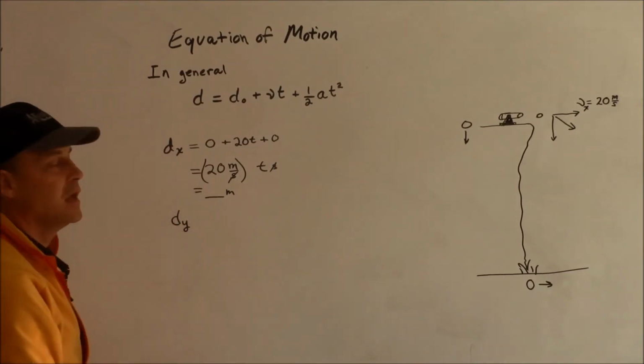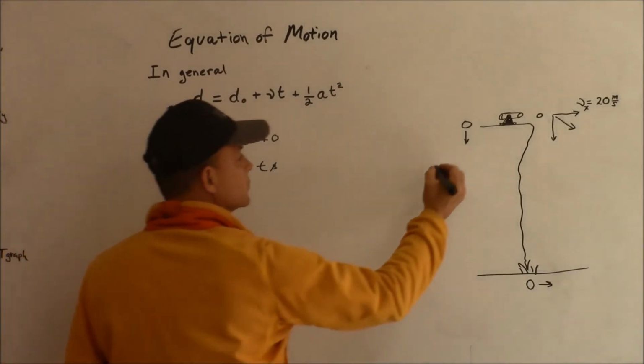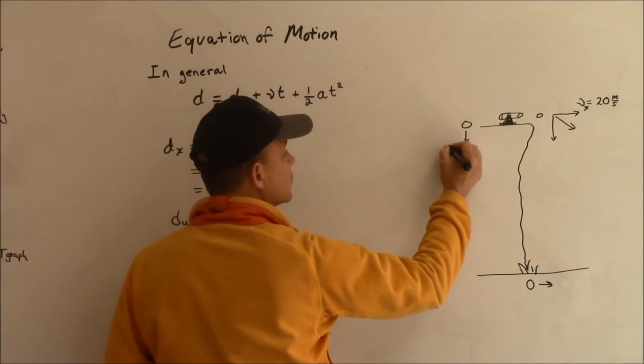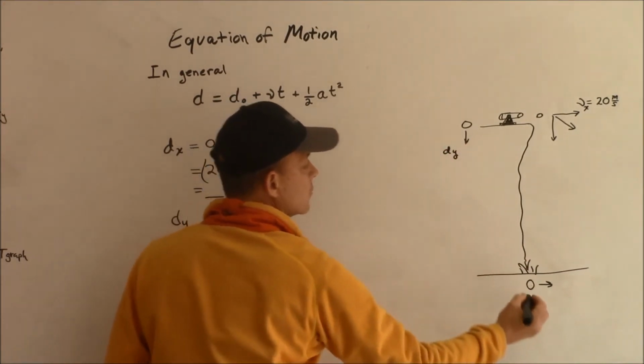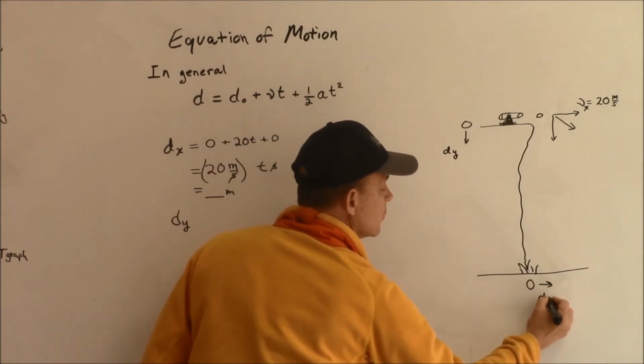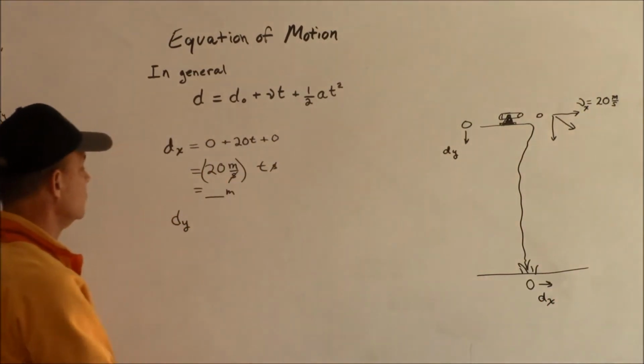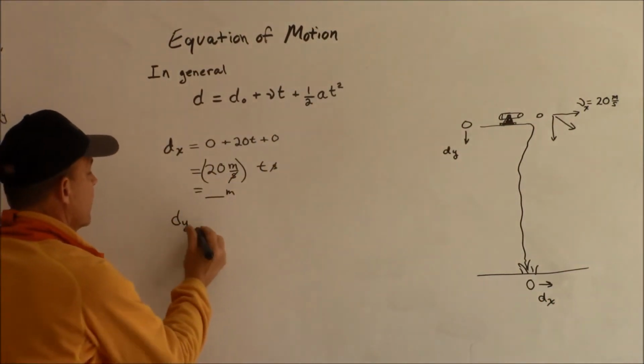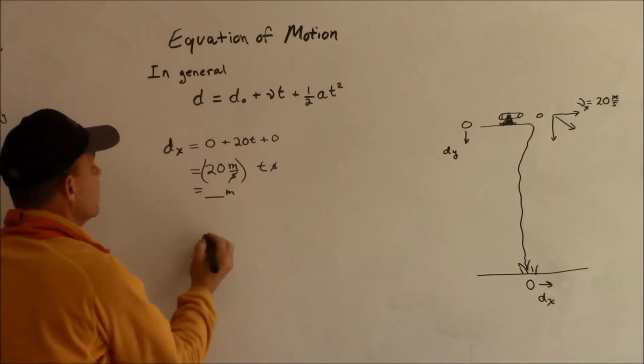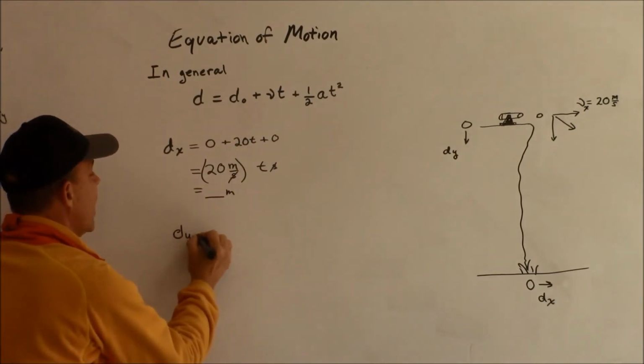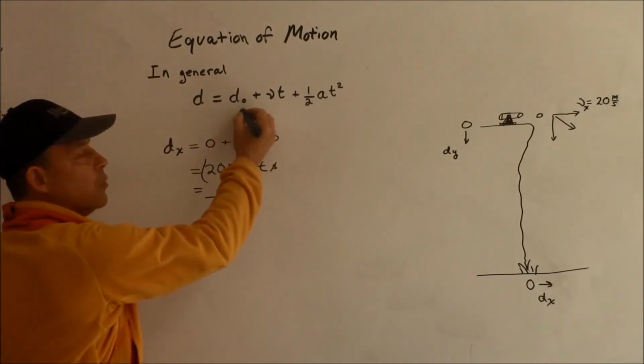Now, when we're trying to find dy, we need to break this general equation down again. So dy is equal to, where does it start?